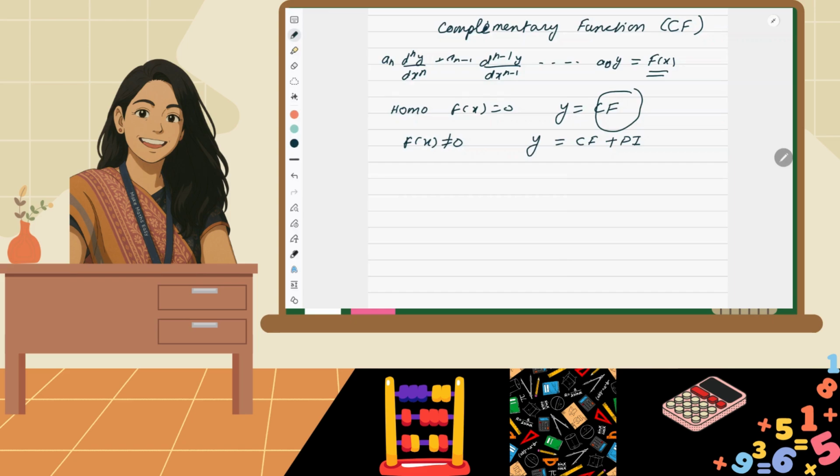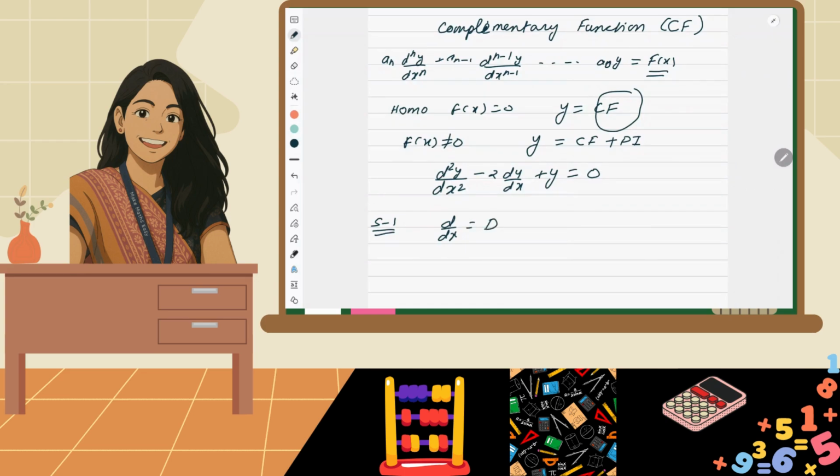What is the first step? I'll take a basic equation to explain. Suppose you have d^2y/dx^2 minus 2 dy/dx plus y is equal to 0. Now, the very first step is to replace d/dx by capital D, which is an operator.